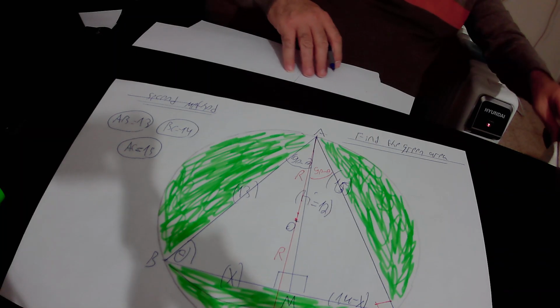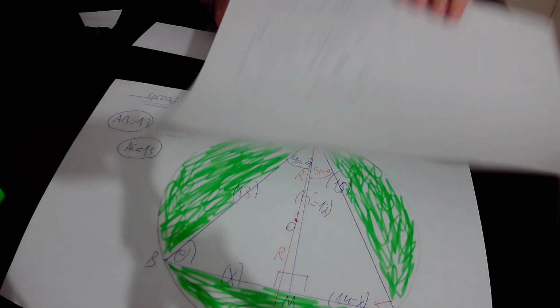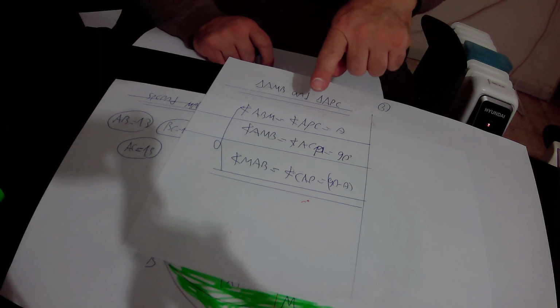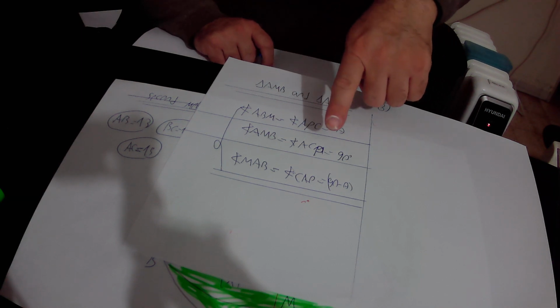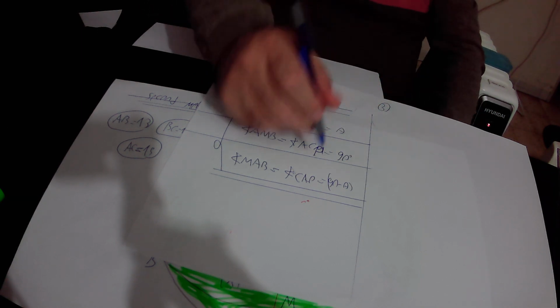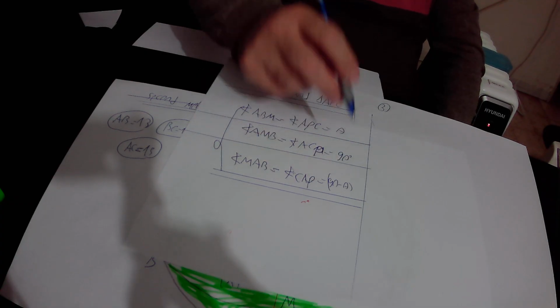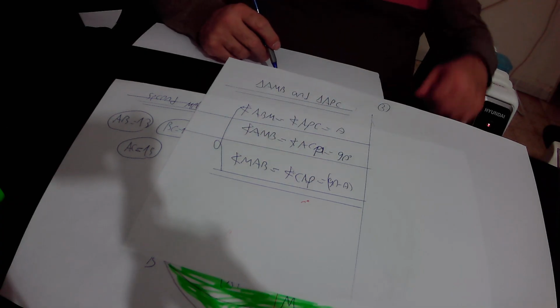So repeat again, angle MAB in triangle ABM equals angle CAP in triangle ACP. They are both equal to 90 degrees minus theta, therefore they are equal to each other.